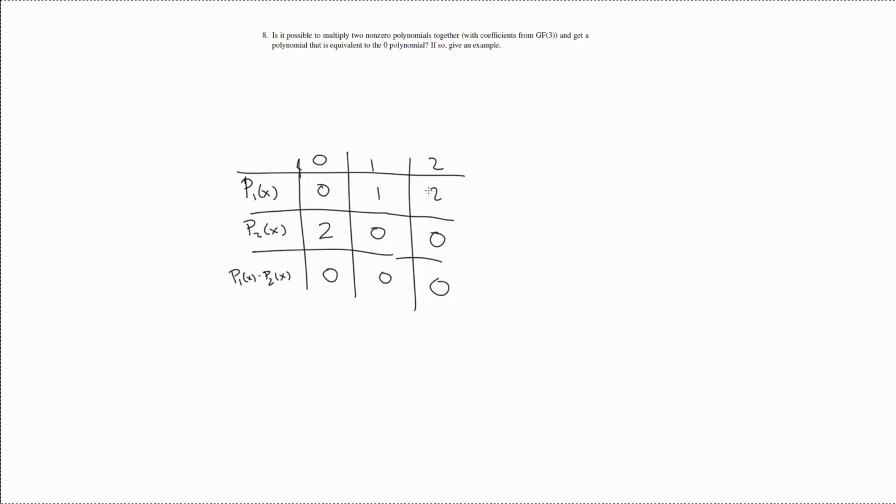So now we have that p1 times p2 is identically 0. p1 turns out to be the polynomial x, and p2 happens to be the quadratic x squared plus 2. So now we have found two polynomials whose product is the 0 polynomial.